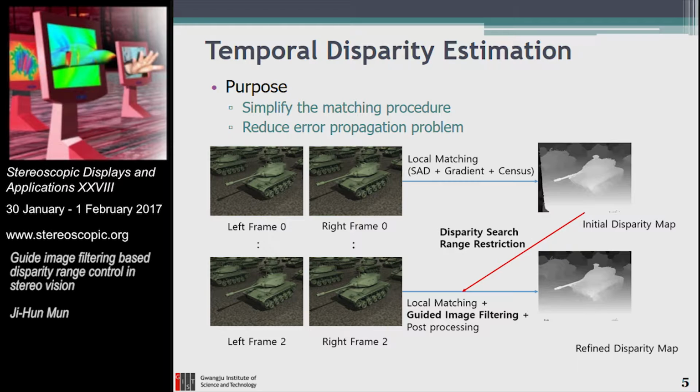The error propagation problem is caused by the restricted disparity search range in the sequential image stereo matching method. So to prevent the error propagation problem, we apply the guided image filtering in this step. By using this guided image filtering, we can accurately generate the disparity map in the following disparity map in this sequence.